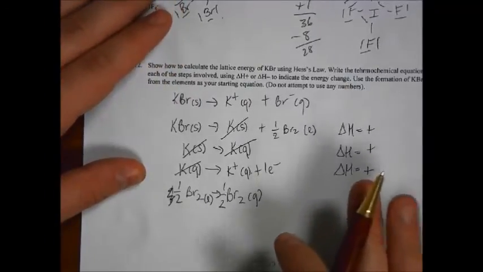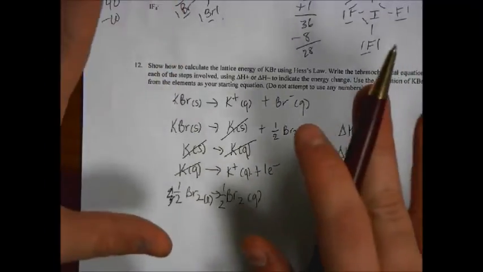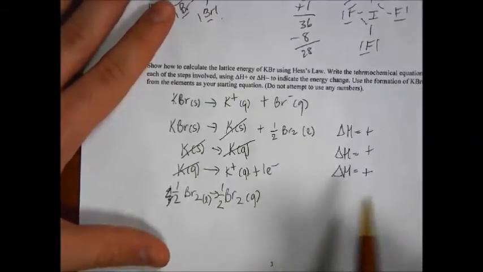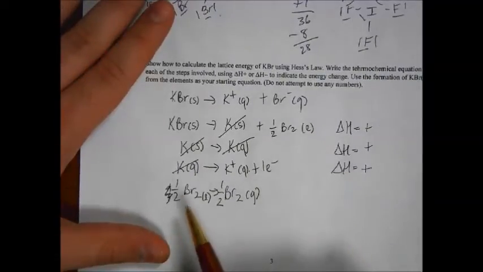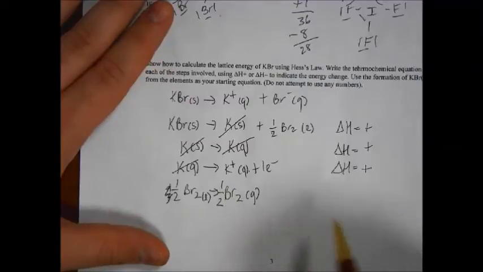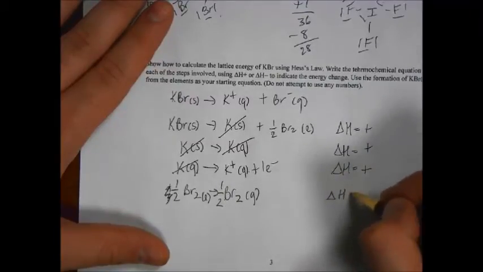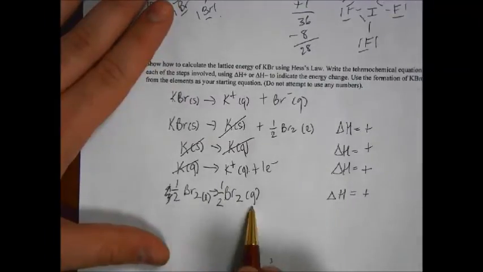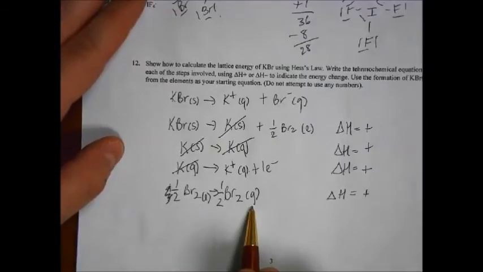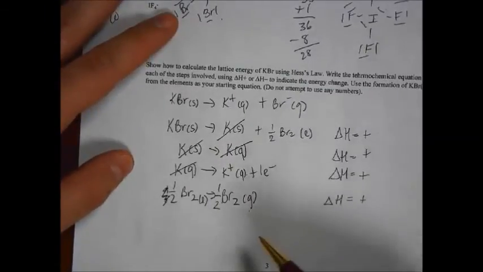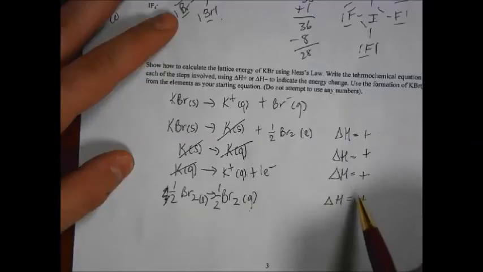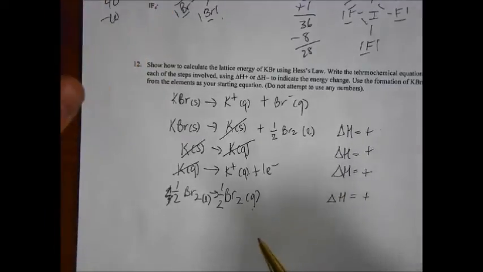This goes for any stoichiometry. Because we're not dealing with numerical values for delta H, you could just put the 1/2s in and then still write just that delta H is going to be a positive. Remember, whenever you go from a liquid to a gas and you evaporate, that's an energy-intensive process. That's going to be a positive.